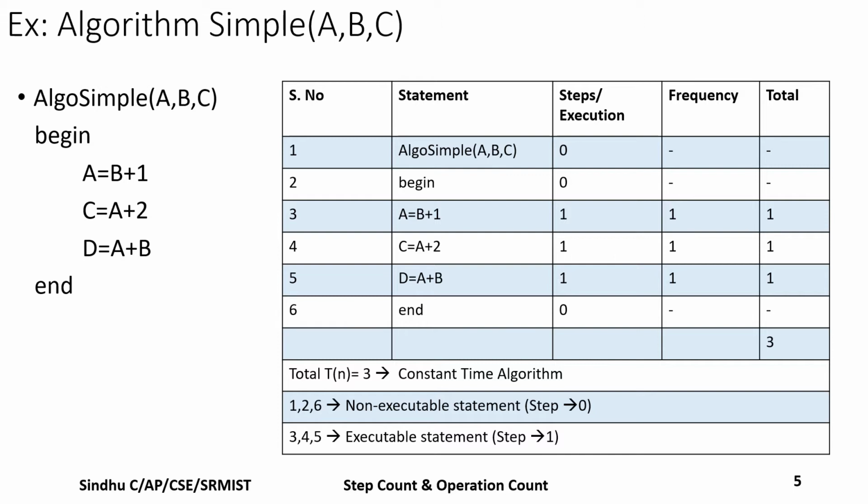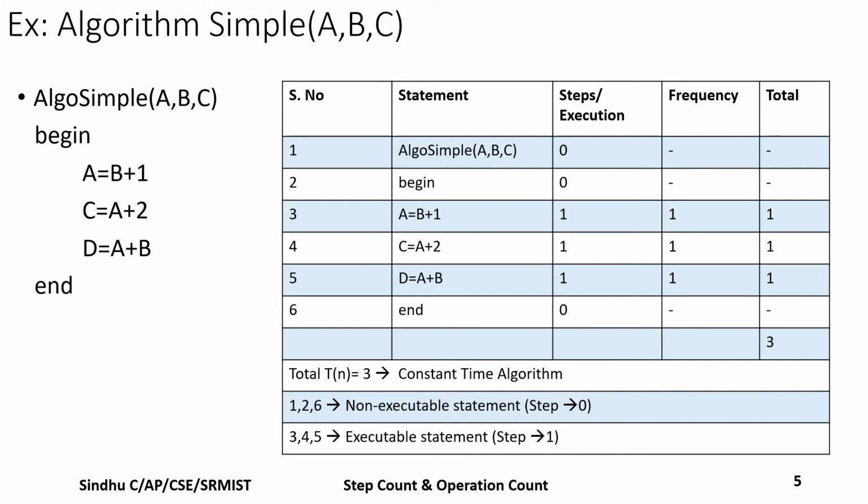In the fourth statement, you have c is equal to a plus 2. It is again an expression statement. So the step count to be given is 1 and it is occurring 1 time. So frequency is 1 and 1 into 1 is 1. So you have total 1. The fifth statement is d is equal to a plus b.